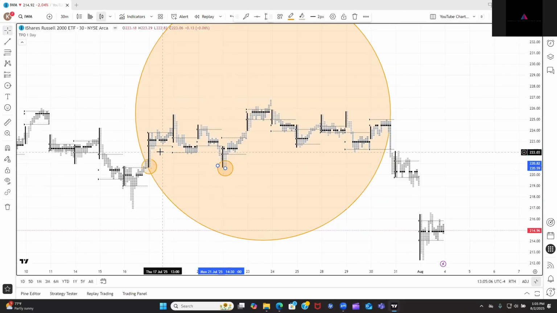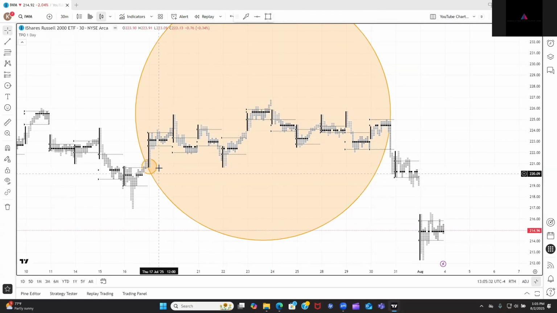And on the 18th, it didn't even get any closer to these circles. But the 17th and the 22nd, price will not drop past there. Technically, it wouldn't really drop past 222.08, right? Before dropping. But these were the lows of that area.